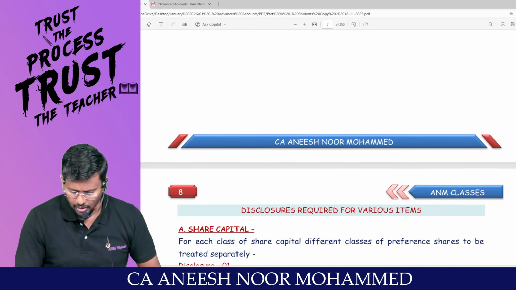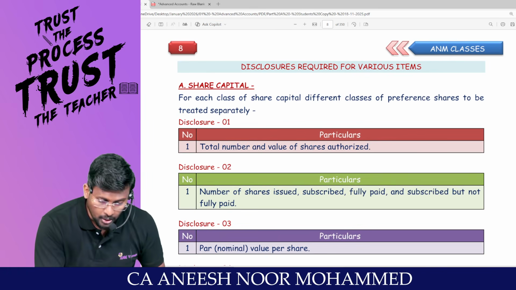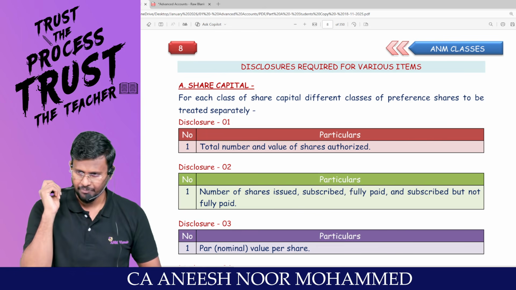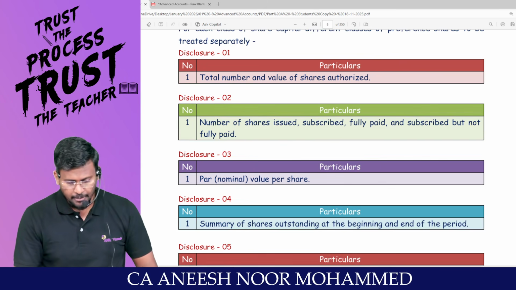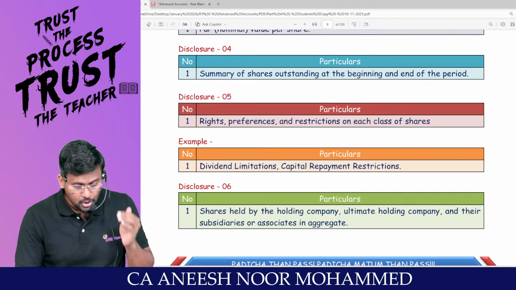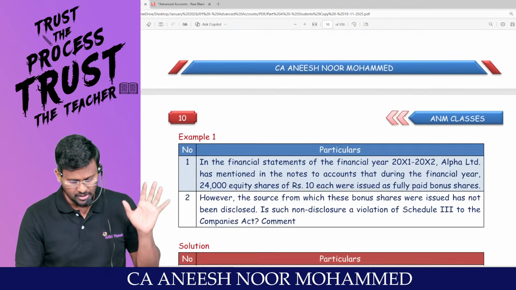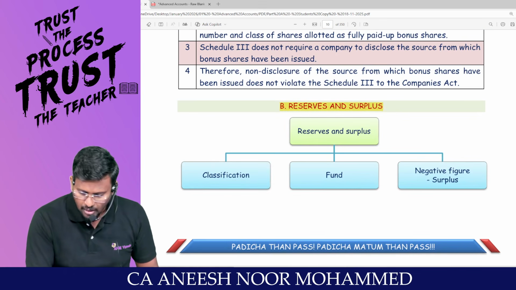In the coming slot, my dear lovable students, we will be talking about the first one, shareholders' fund. In that shareholders' fund, we have share capital. What items should come under share capital? What are the disclosures? Then questions related to that. The next one is reserves and surplus.